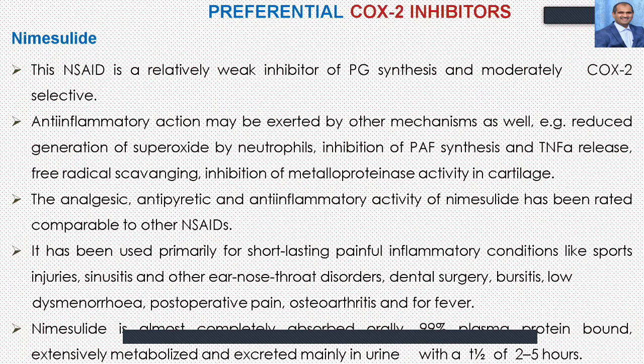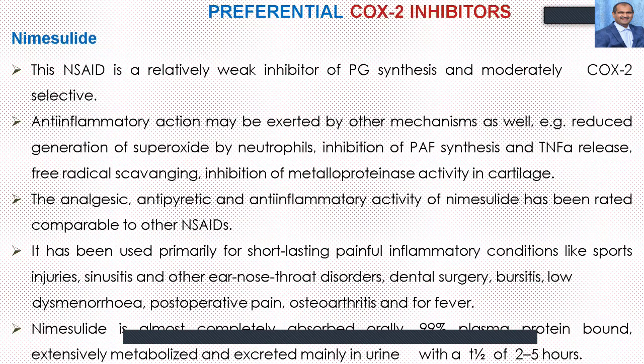Nimesulide, meloxicam, diclofenac and others are preferential COX-2 inhibitors. Please note that preferential means their preference is more towards COX-2, but they also act on the COX-1 enzyme. Hence, they have the classical toxicity of gastrointestinal erosion, whereas they are very potent anti-inflammatory agents.